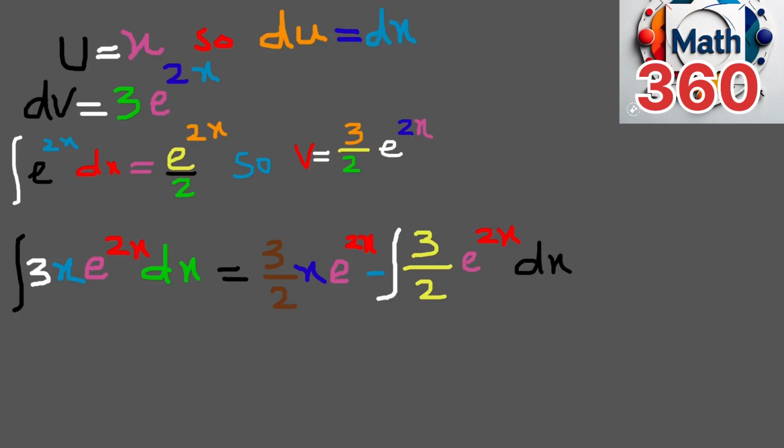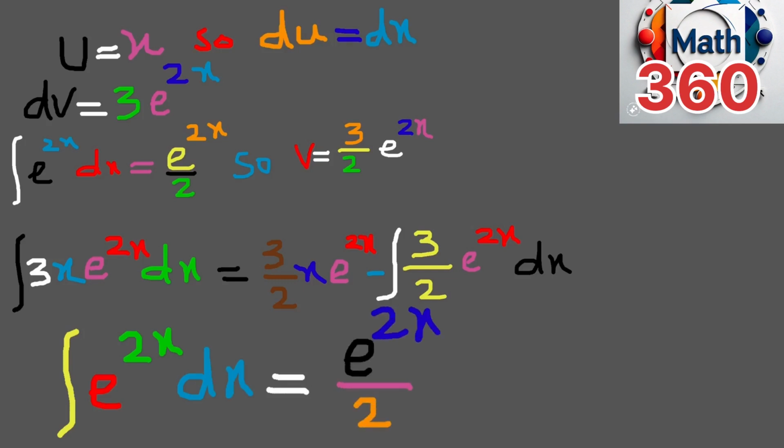We now focus on the remaining integral, using the fact that the integral of e raised to the power 2x with respect to x equals 1/2 e raised to the power 2x.